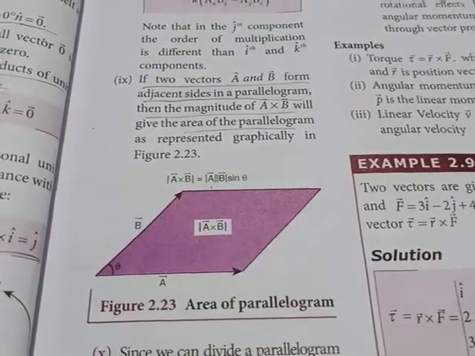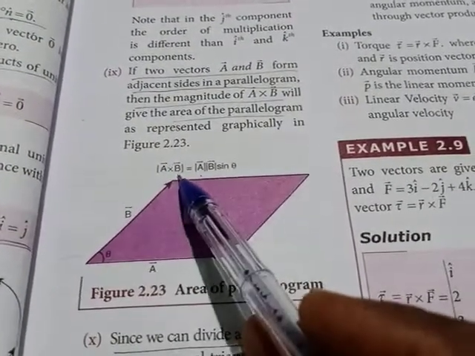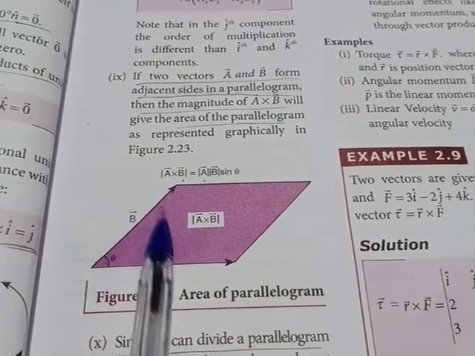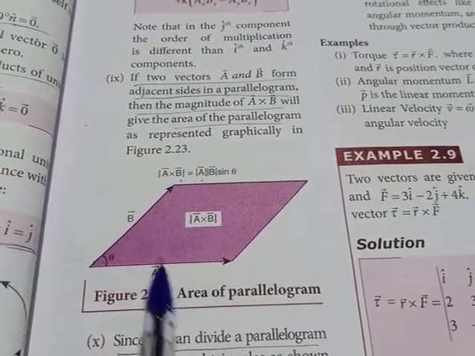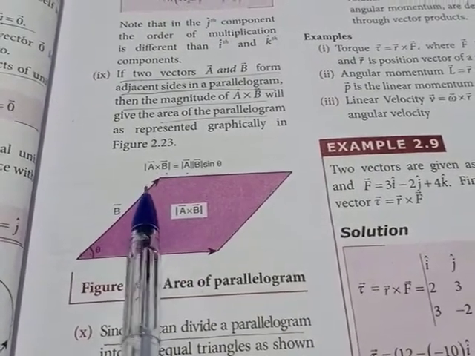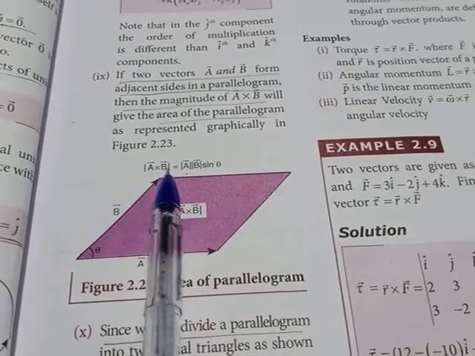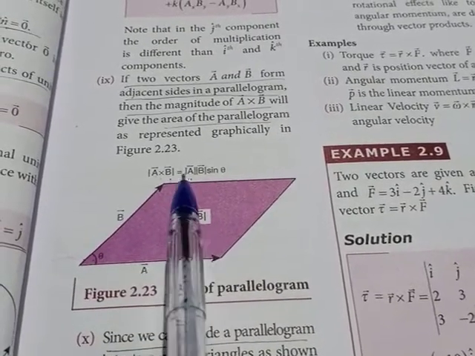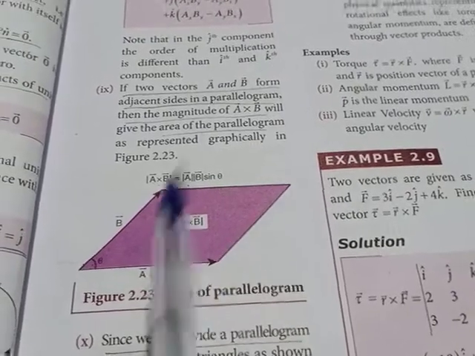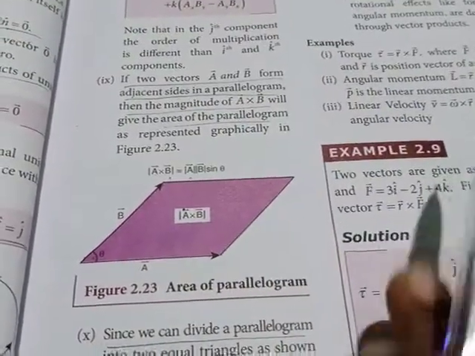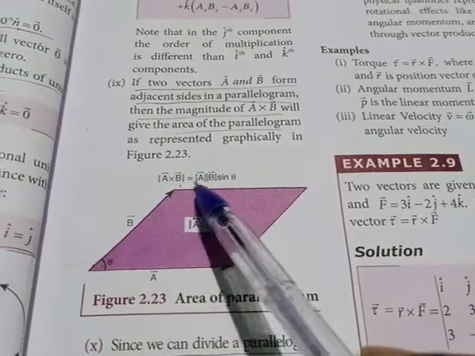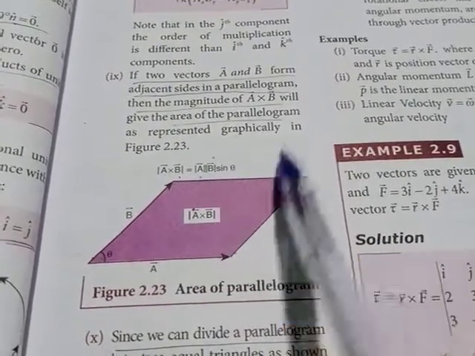So the magnitude of A cross B, AB sin theta, is equal to the area of this parallelogram. We can find the area of the parallelogram also by using this concept.